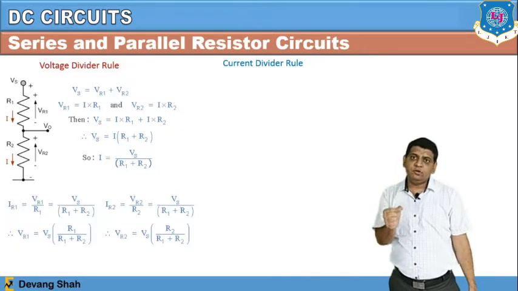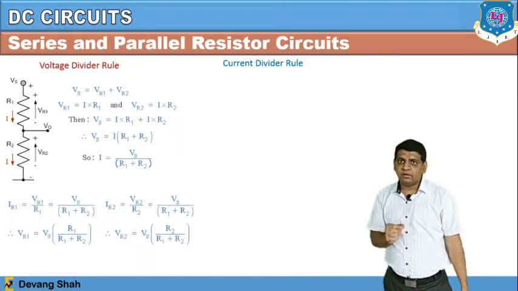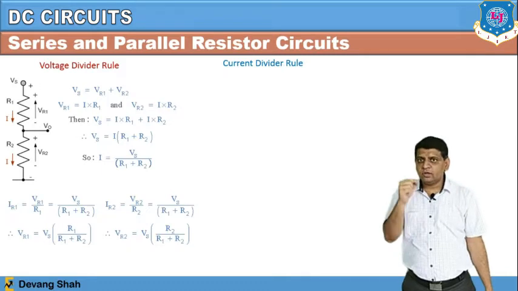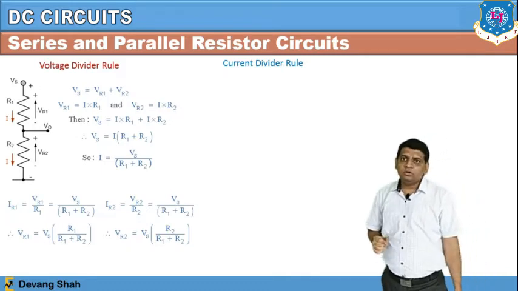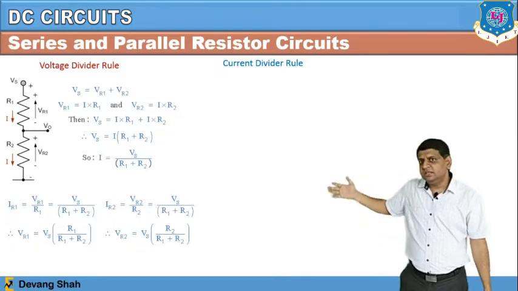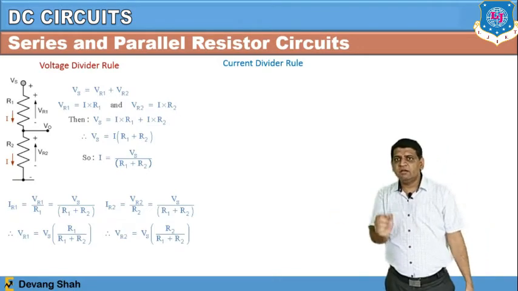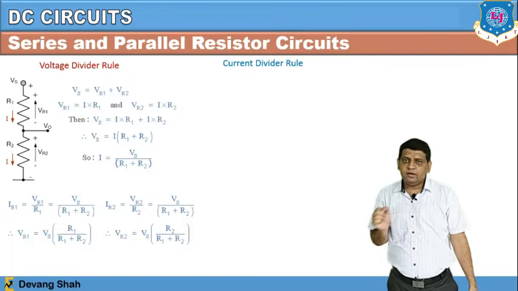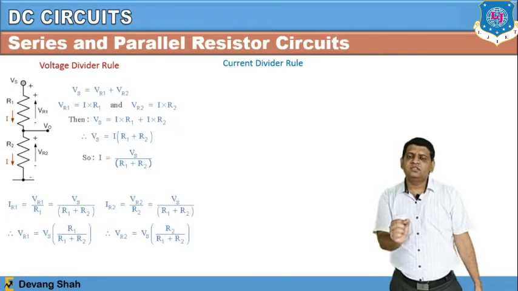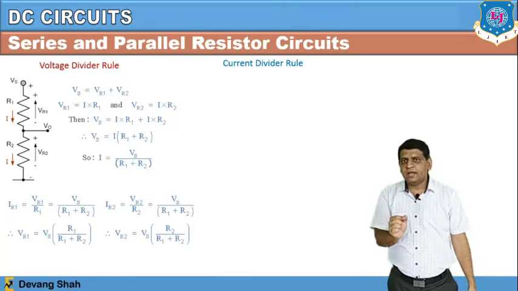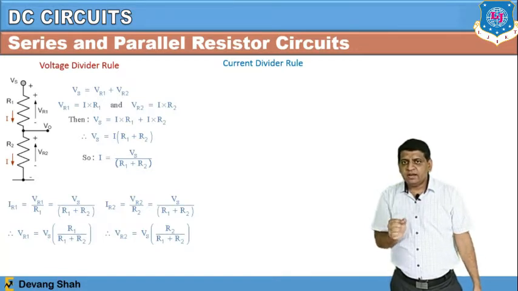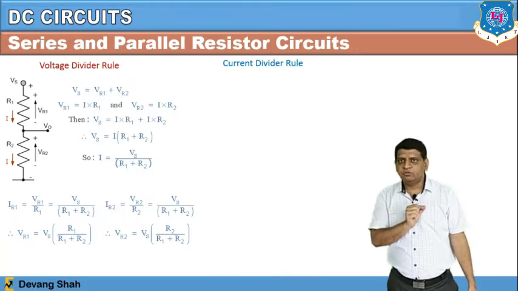Since the value of current I is the same, I is equal to the total applied voltage V divided by the total resistance of these two series resistances, so V by R1 plus R2. Ultimately VR1 is equal to I into R1, and putting I is equal to V divided by R1 plus R2, you will find VR1 is equal to R1 divided by R1 plus R2 into V, right?